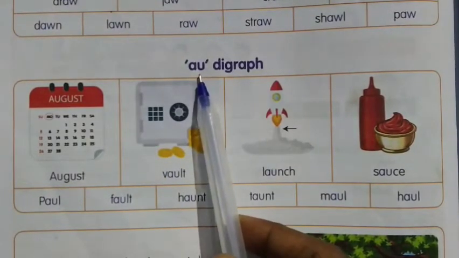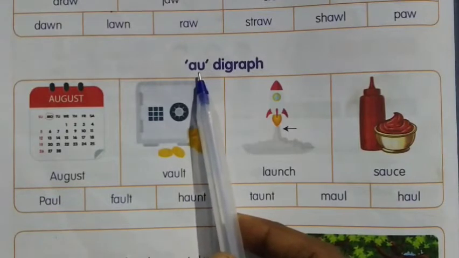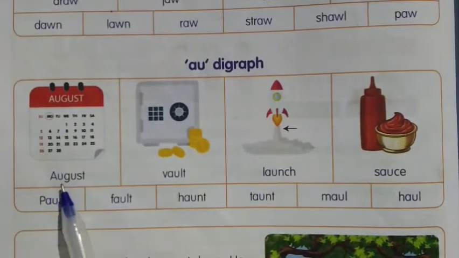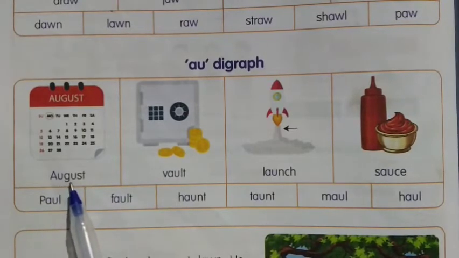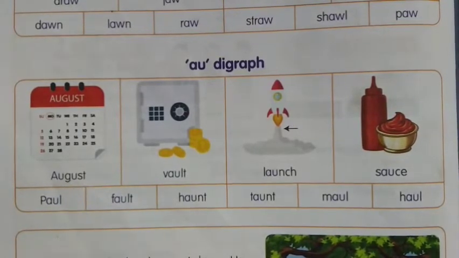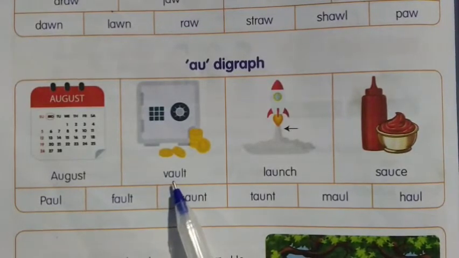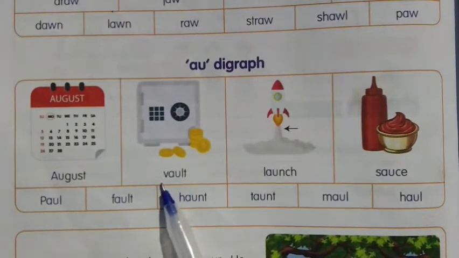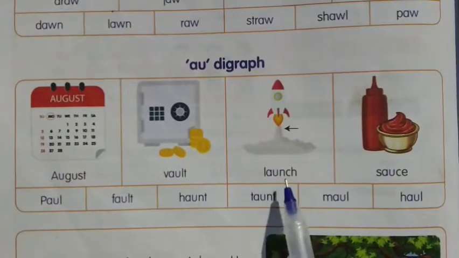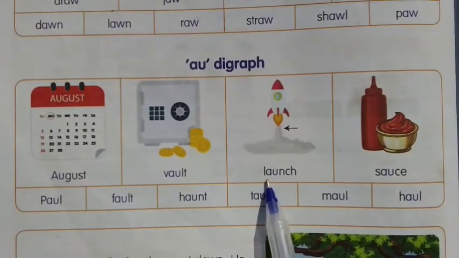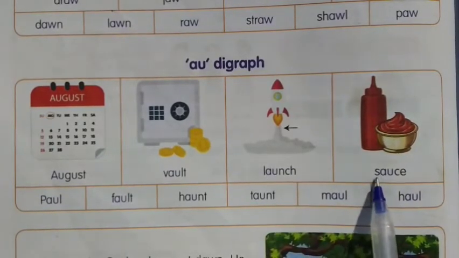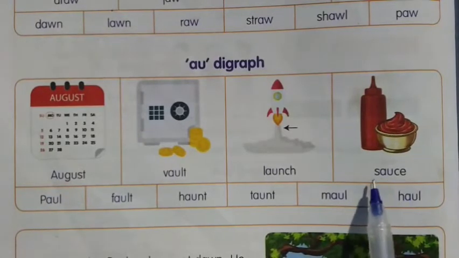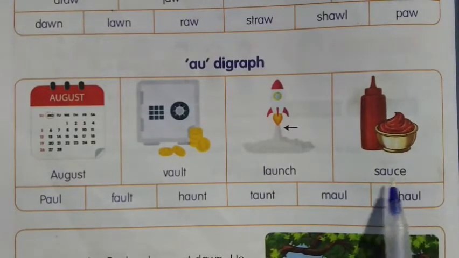AU digraph. August. Vault. Launch. Sauce.